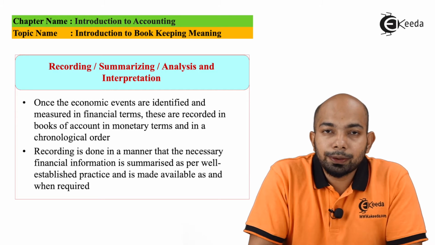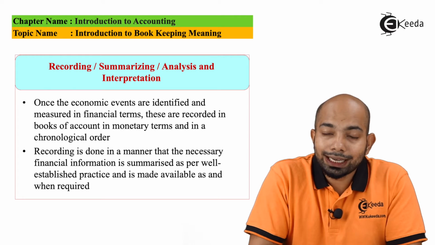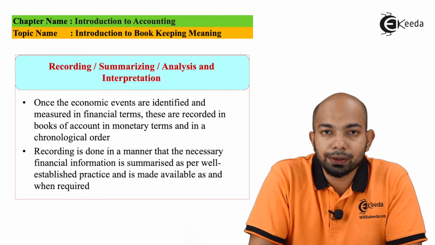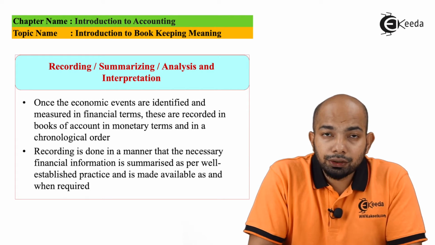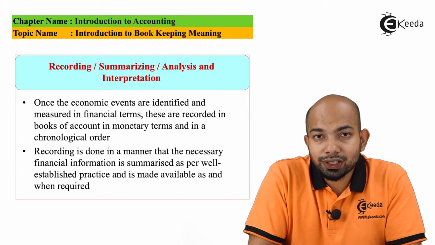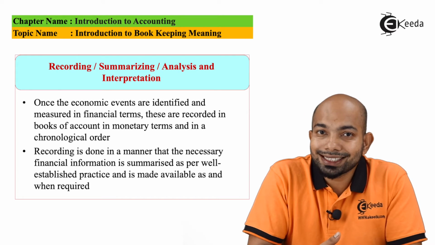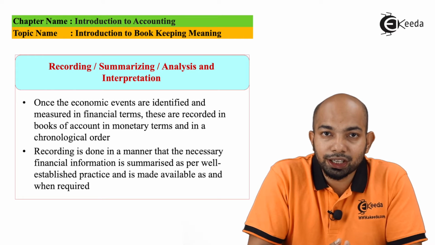This analysis and interpretation is done by a chartered accountant or any authorized person skilled in it. So after you record and summarize the transactions, you go to the fifth and sixth steps, which are analysis and interpretation.